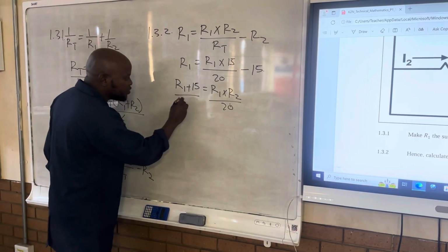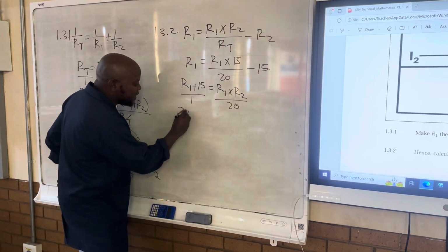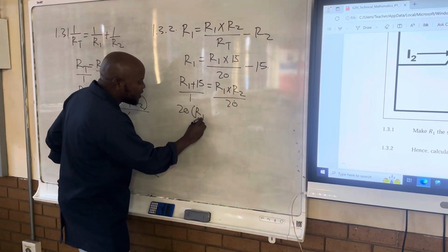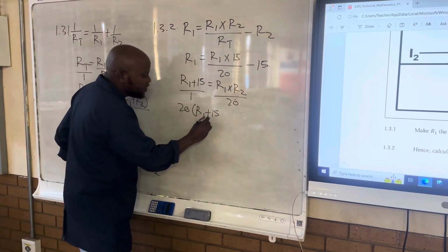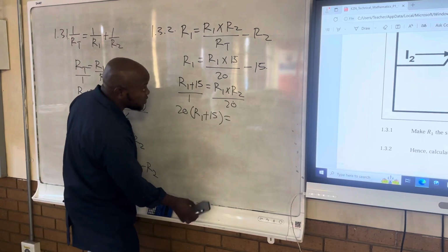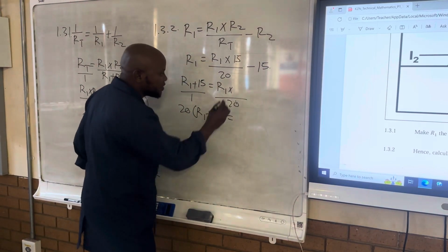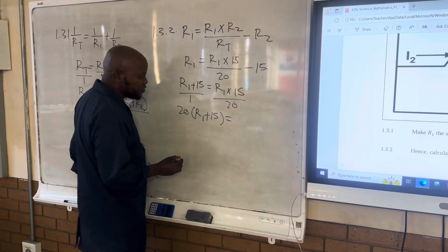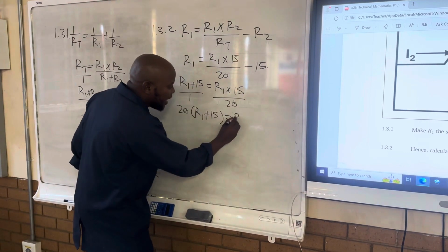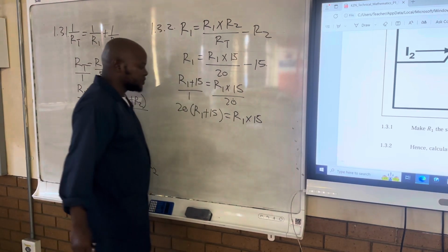Which is what are we going to do now? We cross multiply. We're going to have 20 into R1 plus 15 is equal to, let us place our R2 there, R2 is 15, so R1 multiplied by 15.